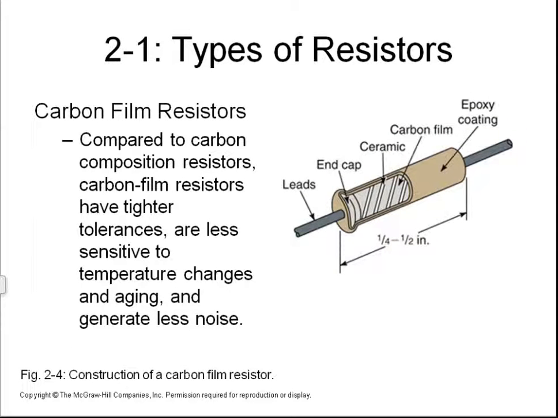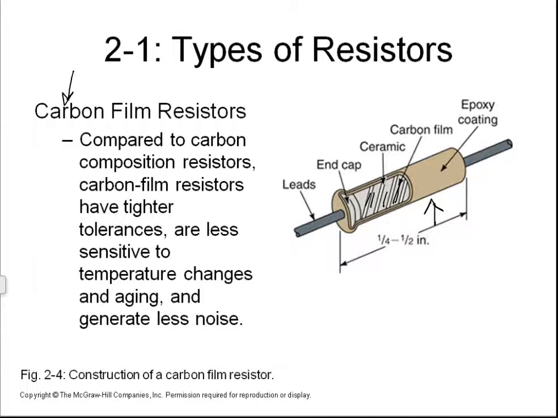Film resistors, and the film is a type of resistor. This one just happens to be carbon film. Alright, once again, they've got layers of ceramic in between layers of carbon with an epoxy coating on them. They age much better. They're less susceptible to changes in temperature.